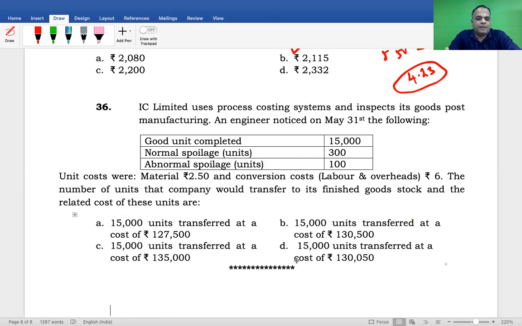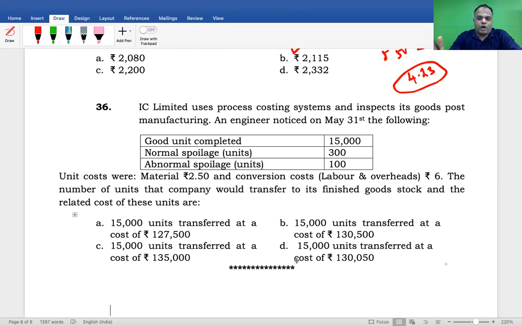Unit scrap material cost 2 rupees 50 paise, conversion cost 6 rupees per unit. The question: the number of units the company transferred to finished goods stock and the related cost per unit.